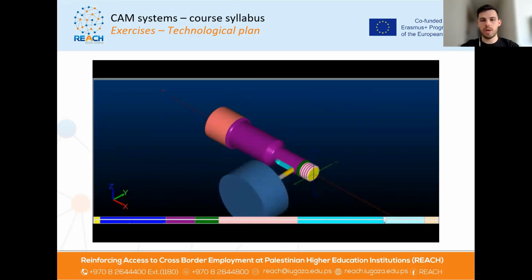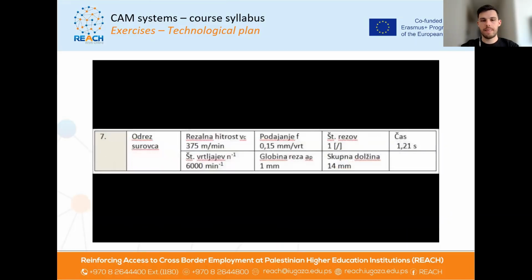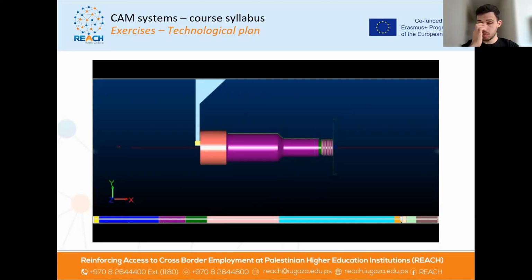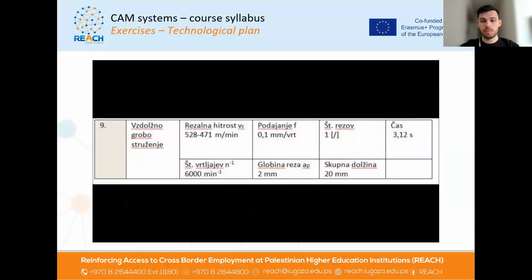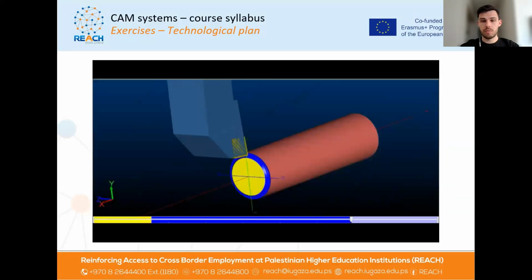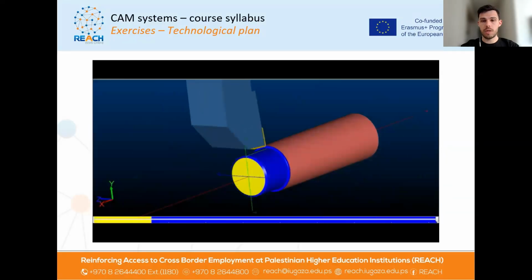This is the last step, and then they have the final cut. So with the final cut at the end, they create the virtual CAM code, which, if they are willing, they can then make on the machine as well, but this is not a requirement.